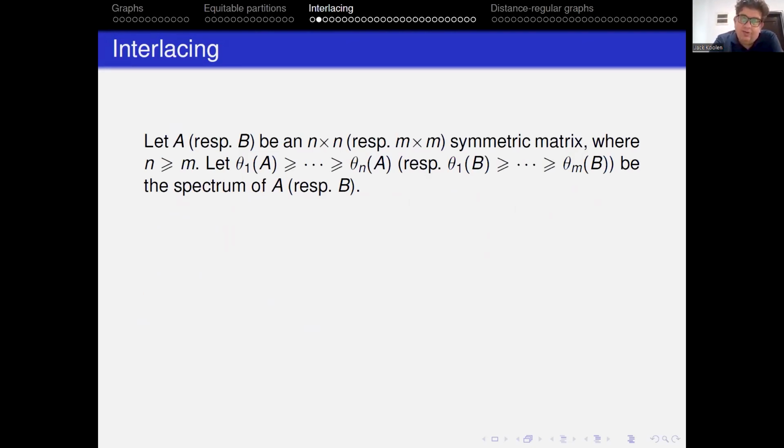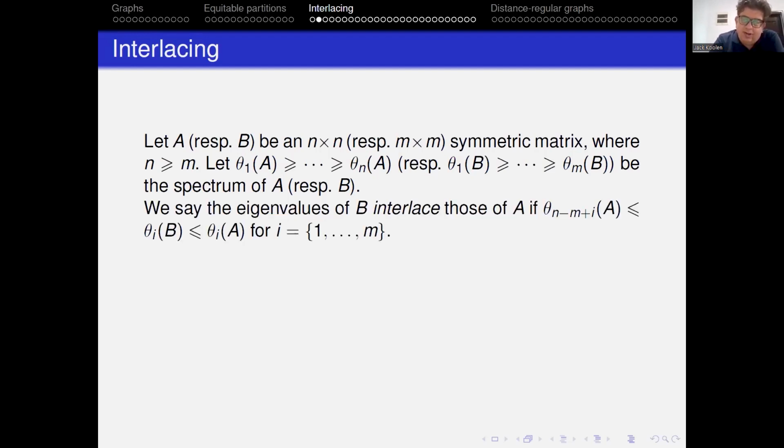So we have two matrices, an n times n symmetric matrix A and an m times m symmetric matrix B, with n eigenvalues of A and m eigenvalues of B. Then we say that the eigenvalues of B interlace those of A, where we assume that m is smaller or equal to n, if theta_{n-m+i}(A) is smaller or equal to theta_i(B) is smaller or equal to theta_i(A).